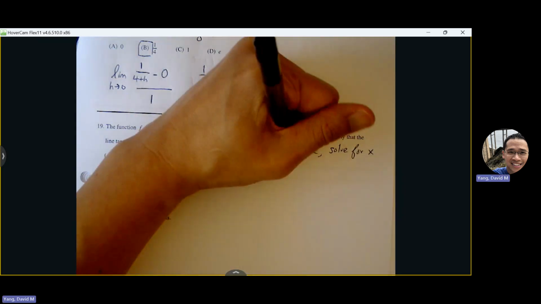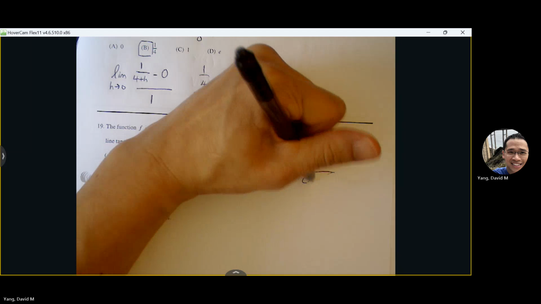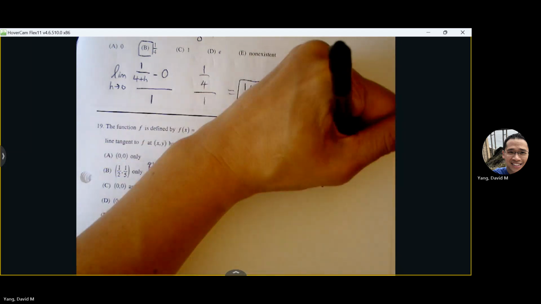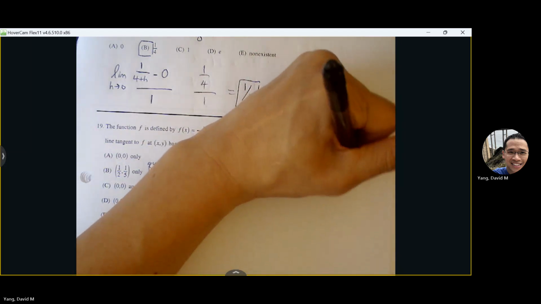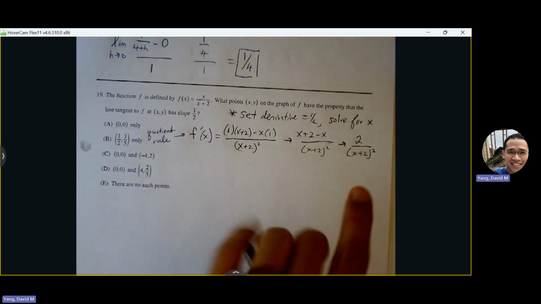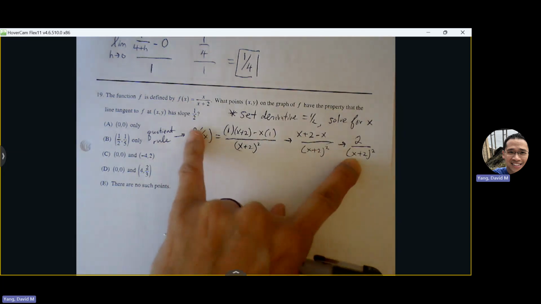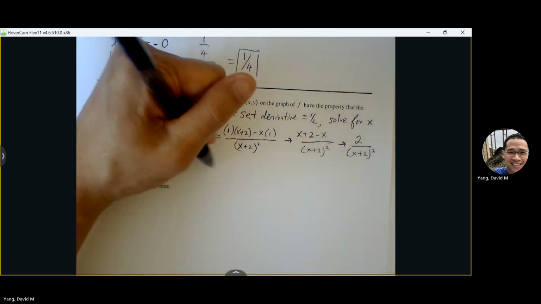Let me clean this up. So we want to set the derivative equal to 1/2 so we can find the location where this curve is going to experience this particular slope.